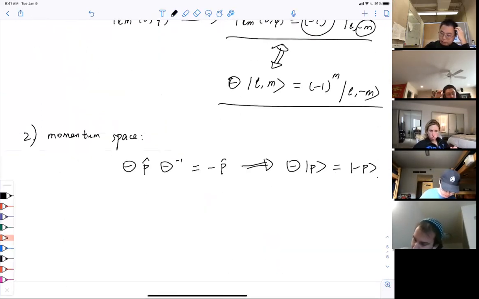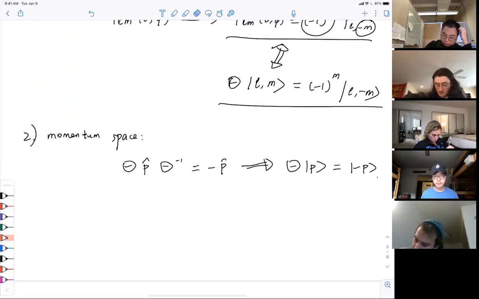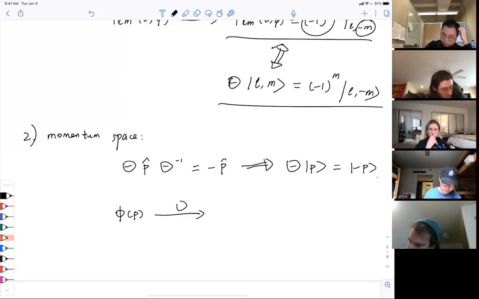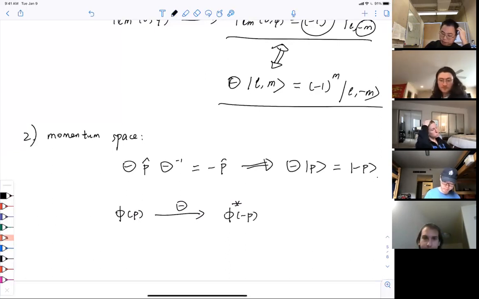You can also prove this by yourself very easily, very similar to what we did here. And then it's not difficult to imagine that under the time reversal, our original wave function would change to the complex conjugate and also with the momentum flipped.